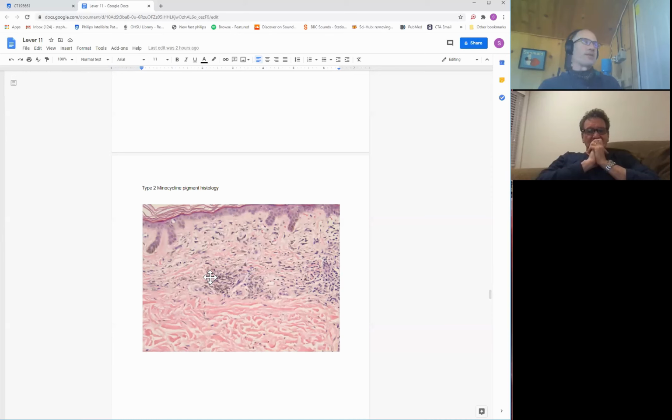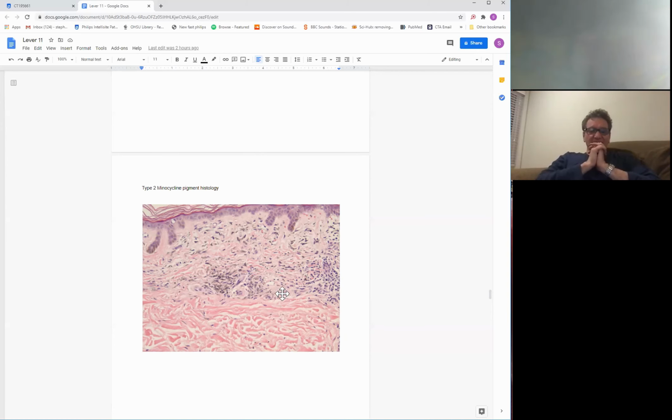It's not globular and brown, which are the words that I associate with melanin. It's a black-brown, which doesn't really look like anything that we normally see in the skin. It's not black like we see with tattoos, carbon pigment. So this is suspicious that this is minocycline on H&E.